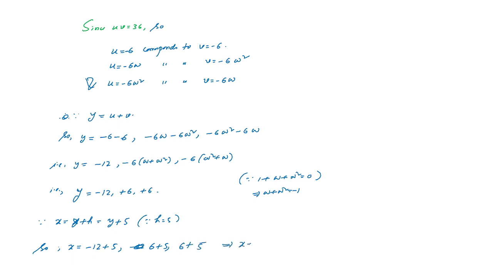So that means x values are minus 7, minus 1, and minus 1. So we solved it. Hence the roots of the given cubic equation are minus 7, 11, 11. So two positive real roots and one negative real root.